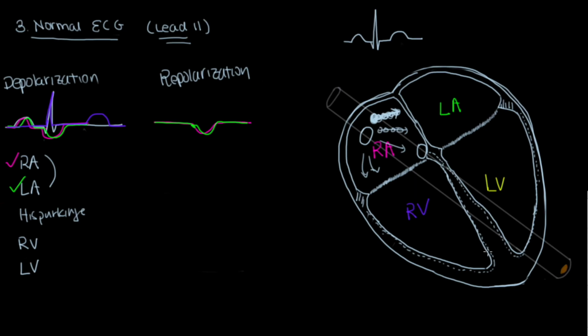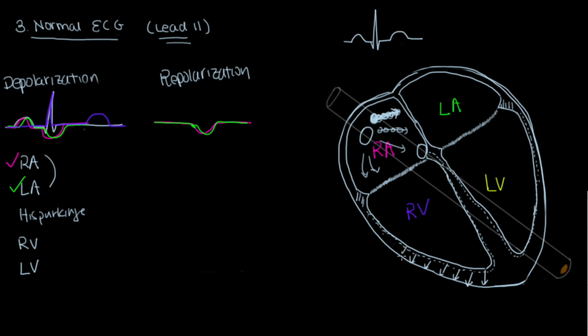In the case of the ventricles, the order in which the cells repolarize is a little bit different than the order in which they depolarize. In the ventricles, the cells depolarize roughly in the order moving in to out.